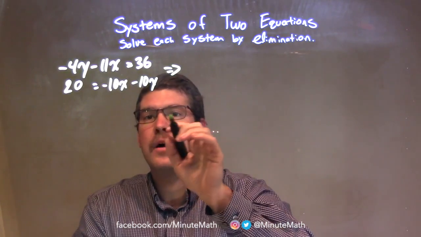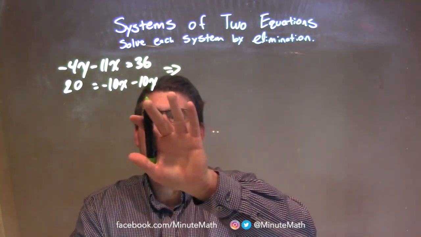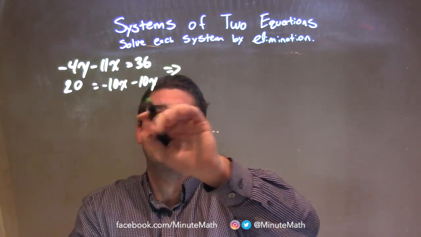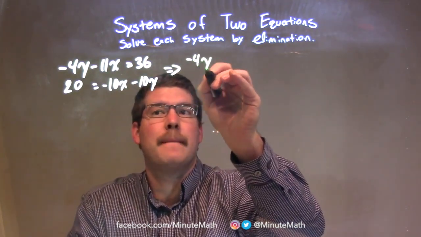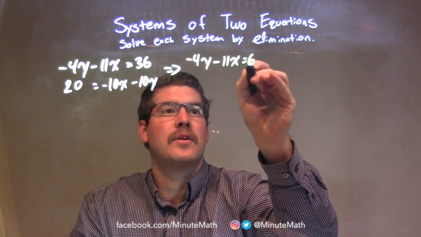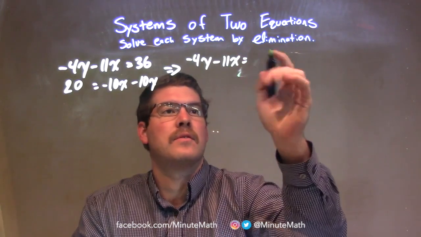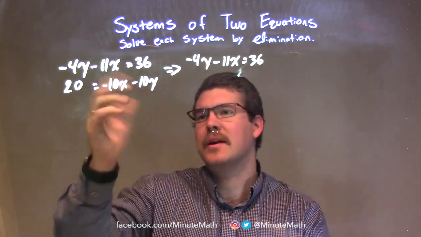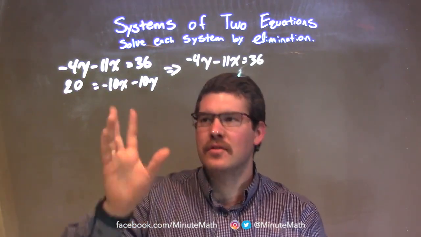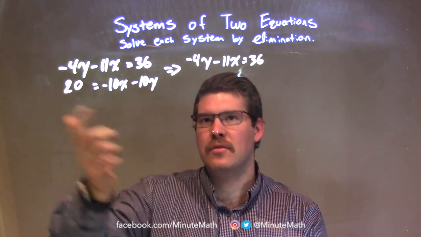Now luckily for us, it really doesn't matter in a sense, but the top equation I'm going to leave as is: negative 4y minus 11x equals 36. Not 6, but 36. The second one, you could just flip it, but what I'll do is add the 10x to both sides and 10y to both sides and subtract the 20.